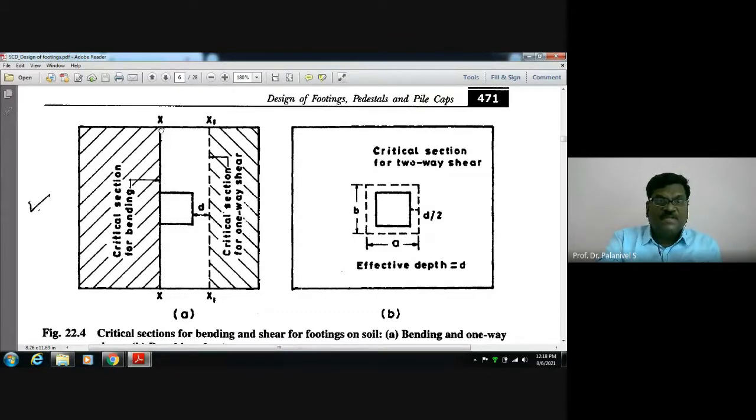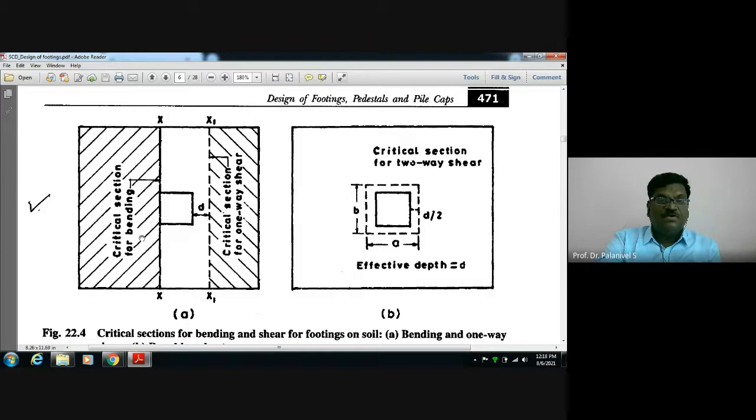That's why this is the critical section for bending, passing through the face of the column. This area is the critical area for bending. If you want to determine the bending moment at this section, you have to compute the upward pressure, multiplied by this area, which gives the total pressure.